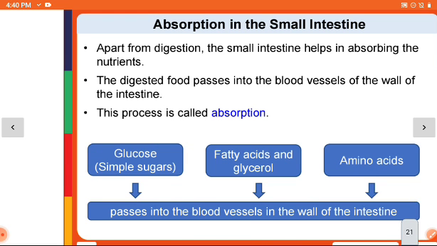After that they pass into blood vessels in the wall of the intestine.